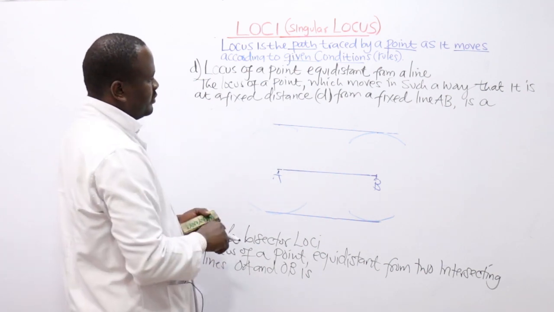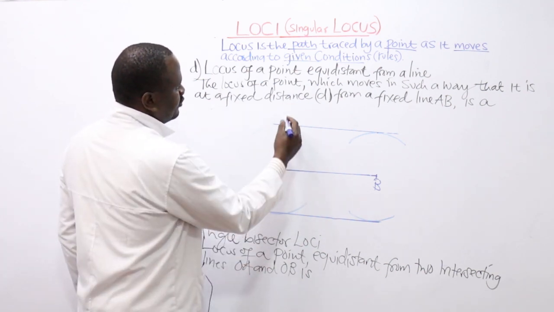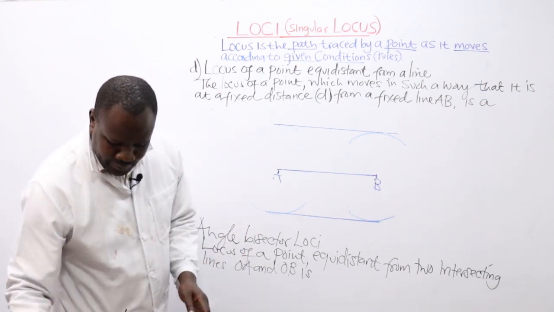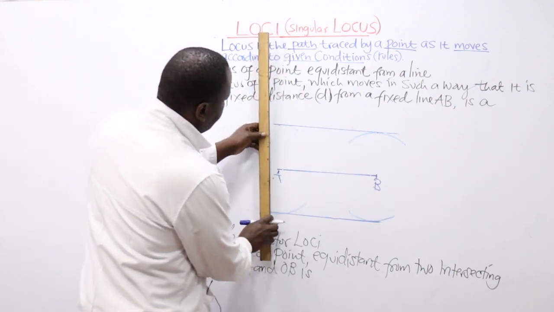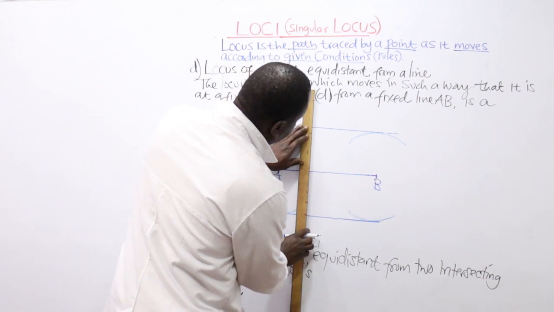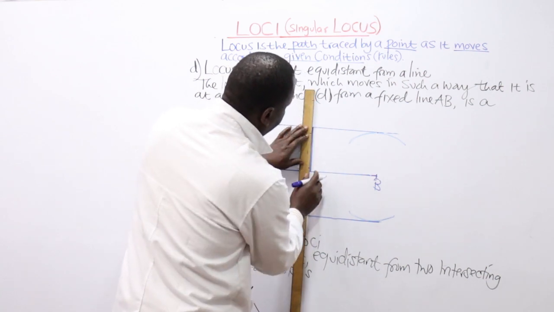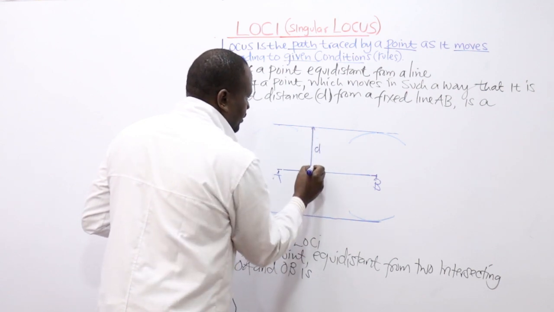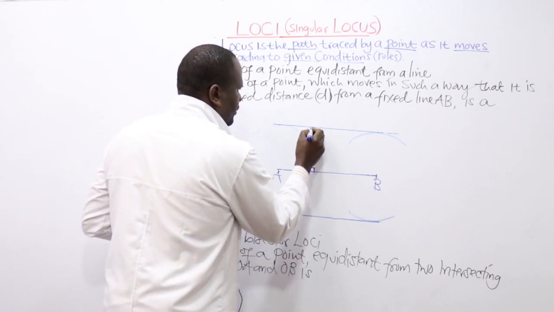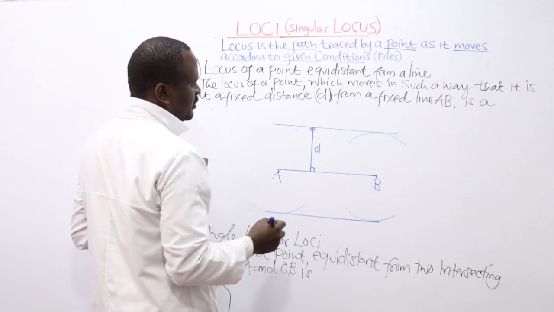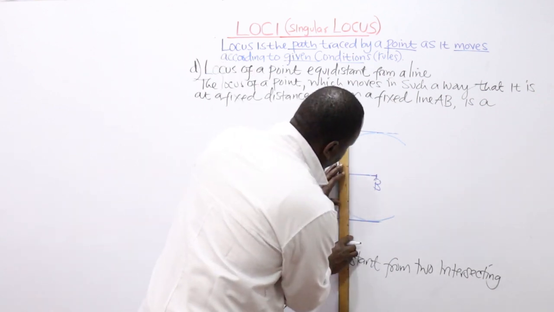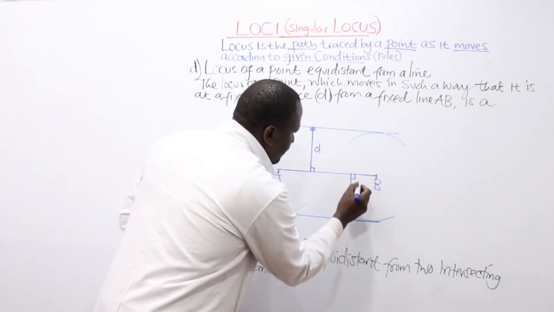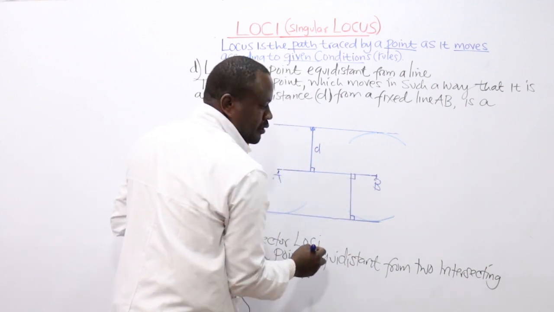This line is always, let's say, 4 centimeters away from A. The perpendicular distance is 4 centimeters. The distance is always 4 centimeters, whether it is here, make sure it is the perpendicular distance.